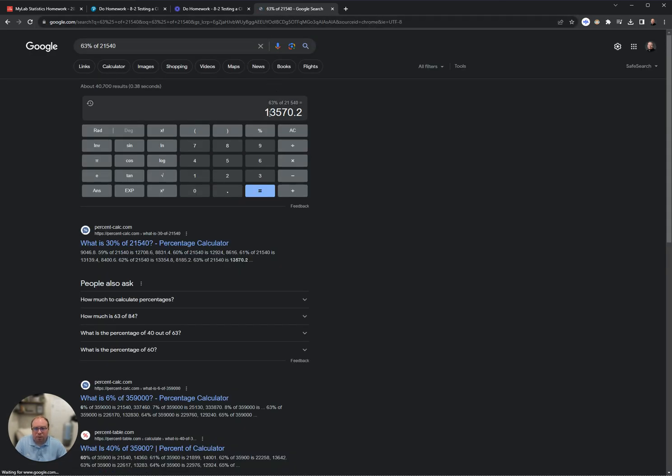So here it is. Of course, that's not perfect. So what we can do here is just round it naturally, because the homework checker, the one in the background that checks whether your answer is correct or not, does allow for a little bit of error, like plus or minus a hundredth of a point. So let's round that naturally to 13,570.